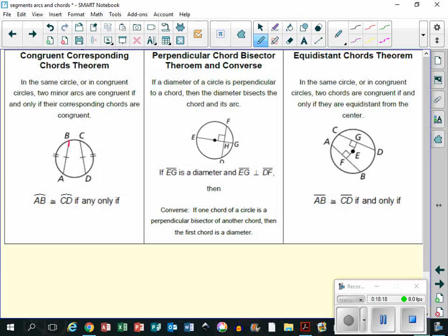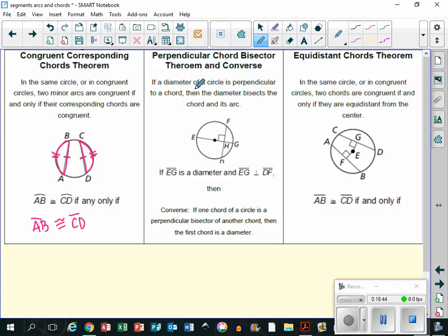So for example, this chord creates this arc, and this chord creates this arc. If this chord equals this chord, then this arc equals that arc. So arc AB is congruent to arc CD if and only if segment AB is congruent to segment CD.